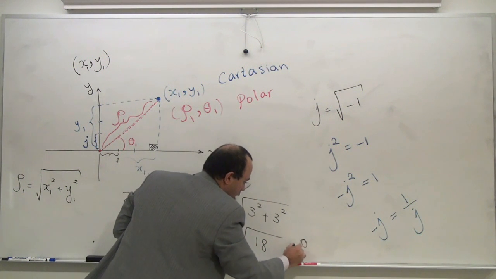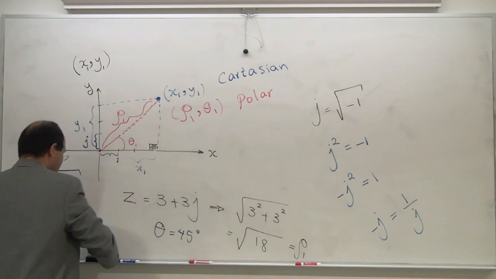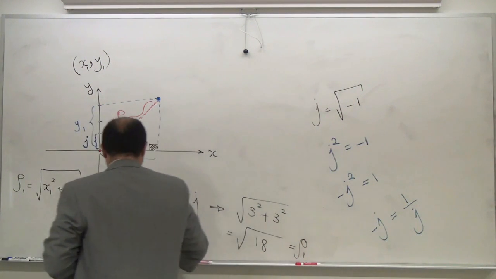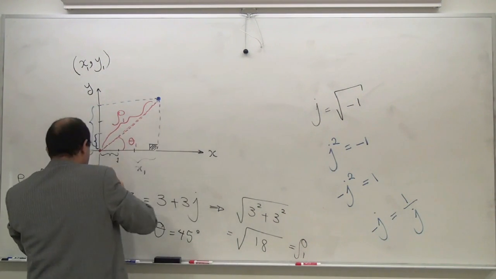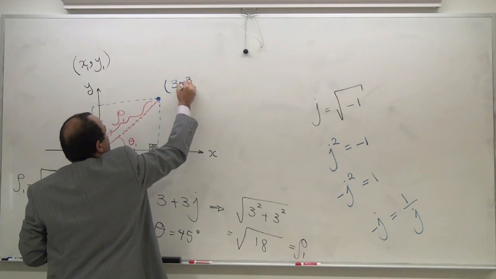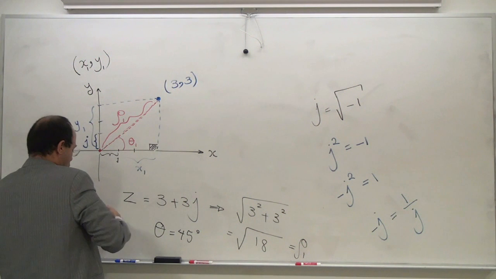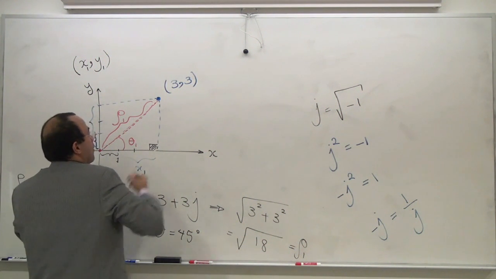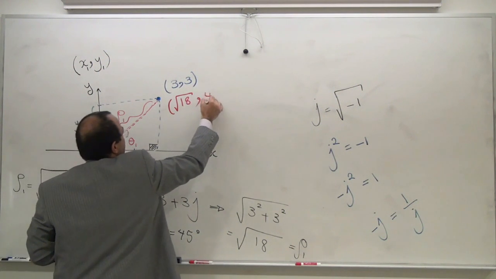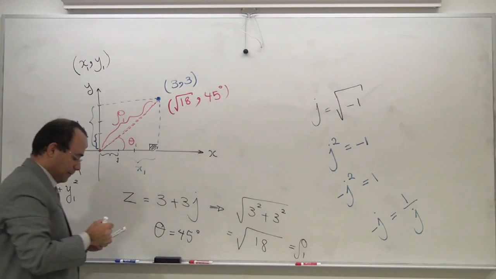That's going to be my rho 1. So I'm going to say that this number can be represented in the following way. Either I can say in blue format, this is 3 and 3j, or in red format, this is going to be the square root of 18 and angle 45 degrees.